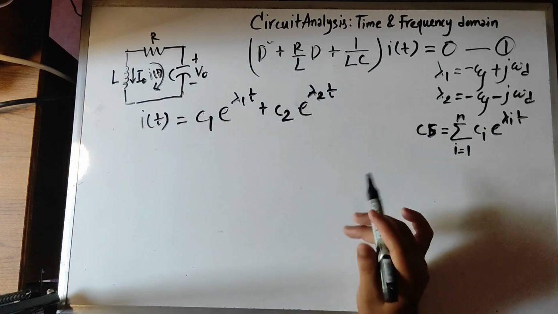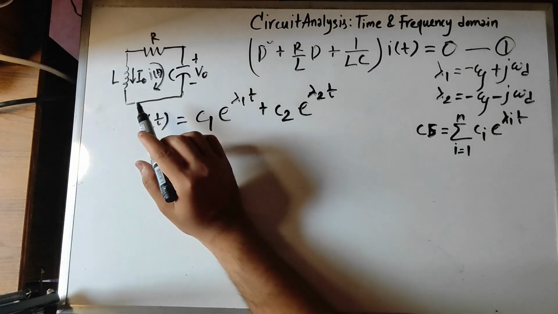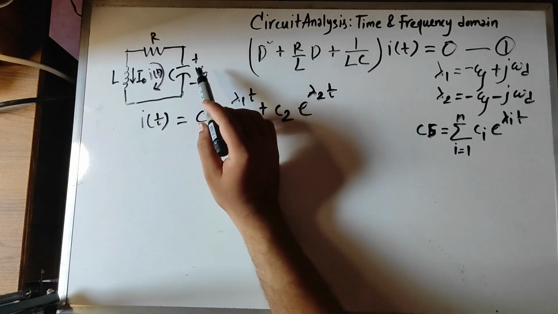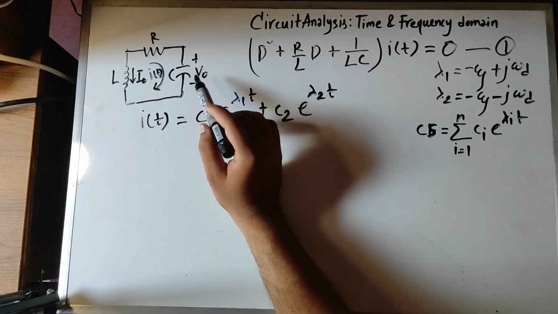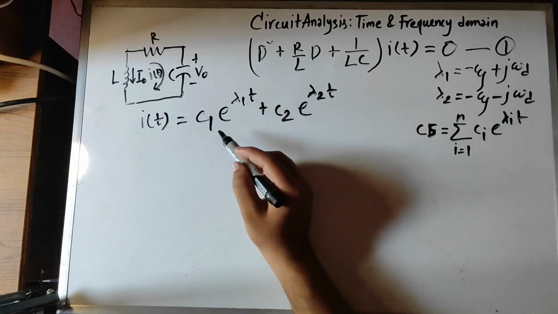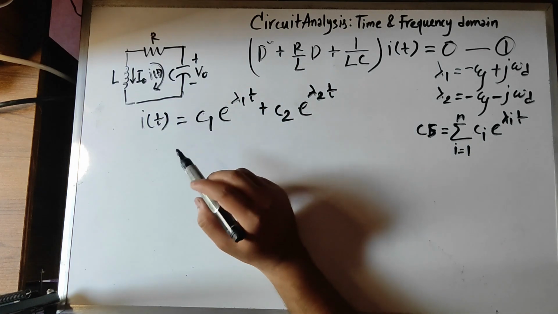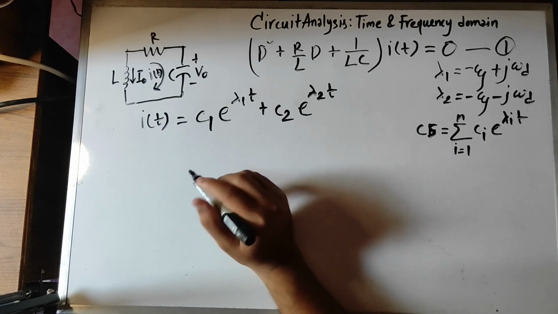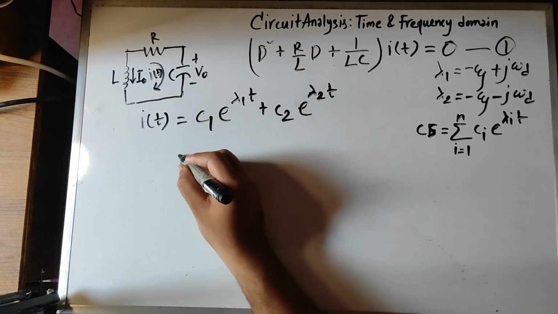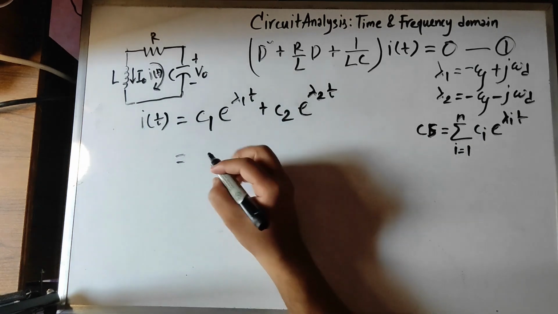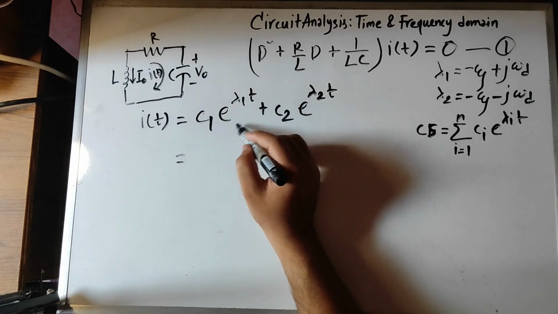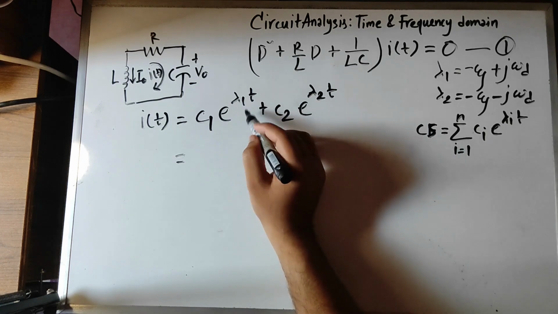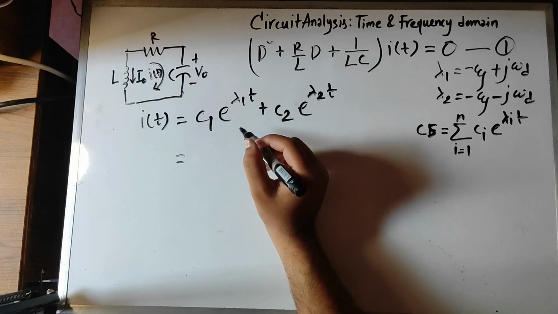So far so good. Now we have designated that the initial current through the inductor is IO, and the initial voltage across the capacitor is VO. So we want to find the arbitrary constants now. Let me first take this, and by Euler's formula we are going to break this exponential term.